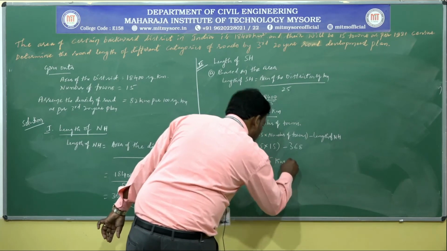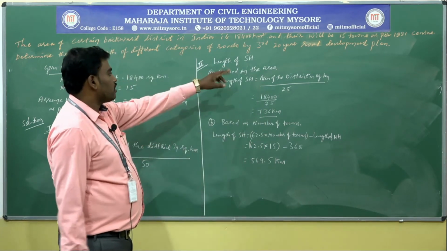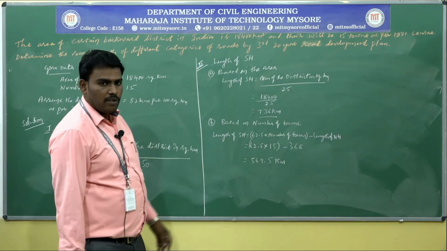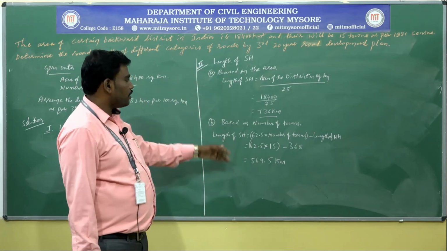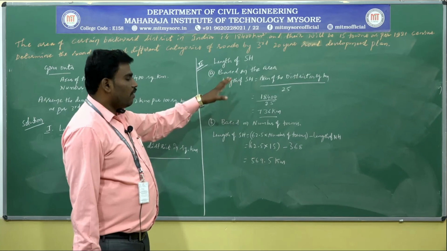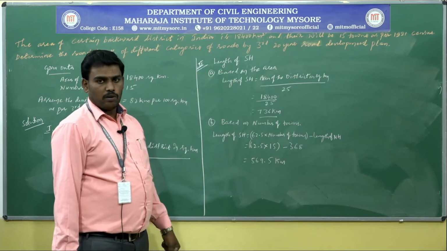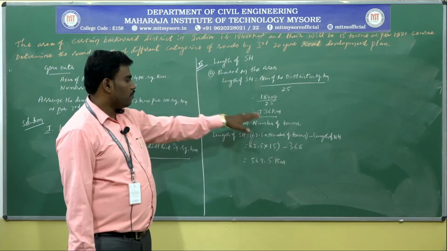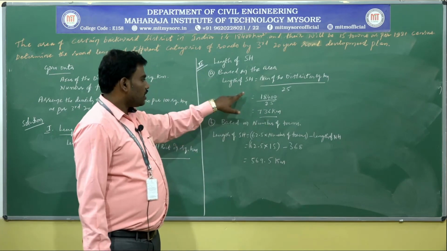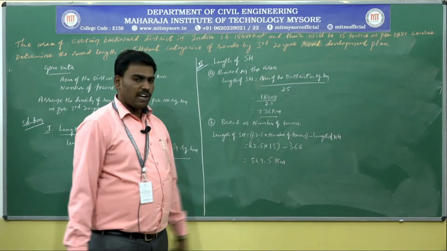Now observe the length of state highway from the relations A and B. From relation A we get 736, from relation B 569.5.